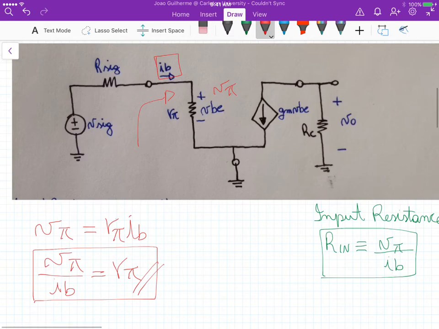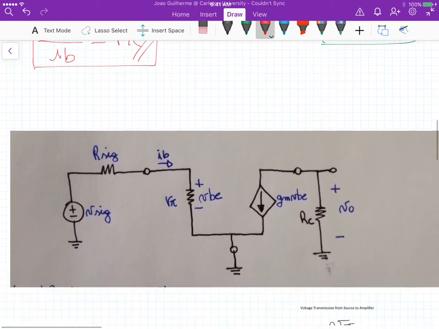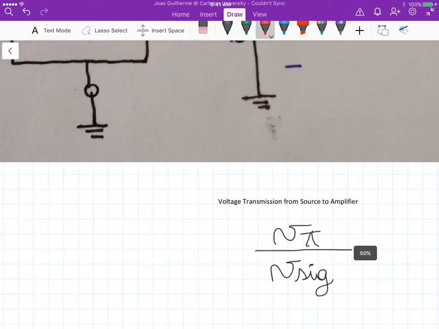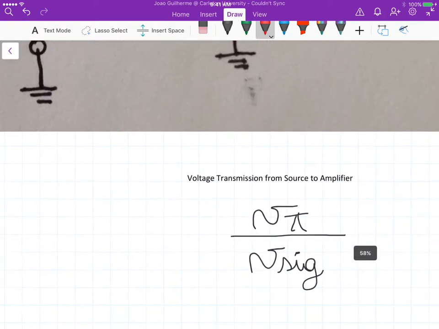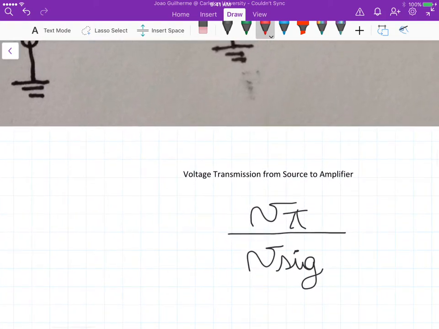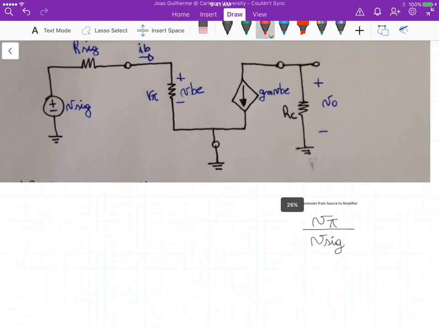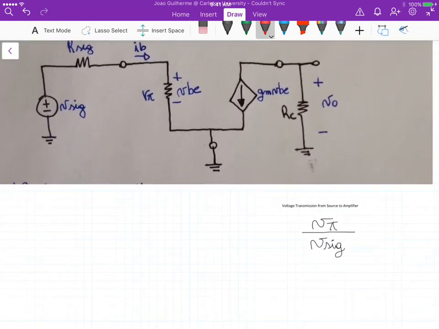Now the second term that we need to define is the voltage transmission from source to amplifier. So it's V pi over V signal, and for that we can apply a voltage divider here. Remember this one here is V pi, right?